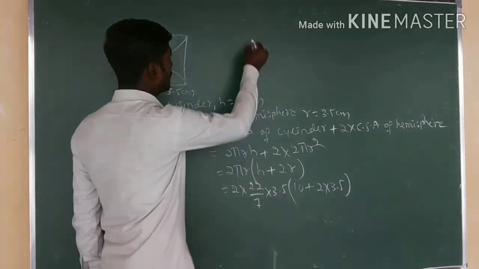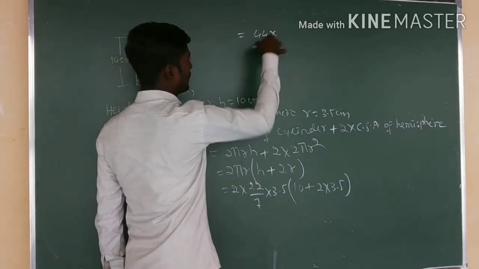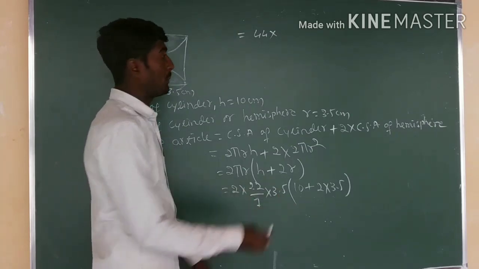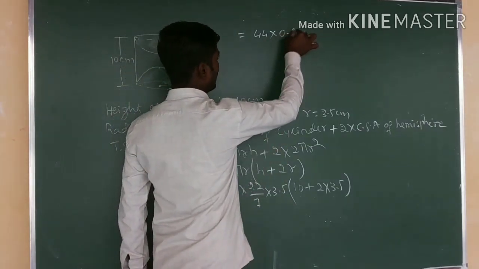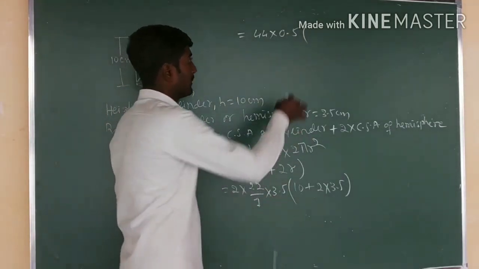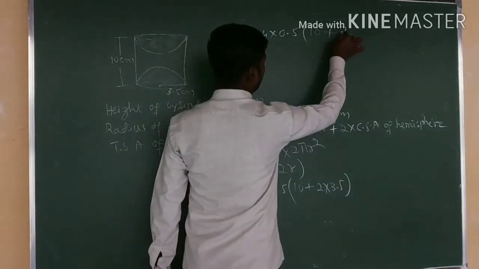Now this is equal to 2 into 22, 44, into 3.5 over 7, means 7 5s are 35, it is 0.5. 10 plus 2 into 3.5, so that is 17.